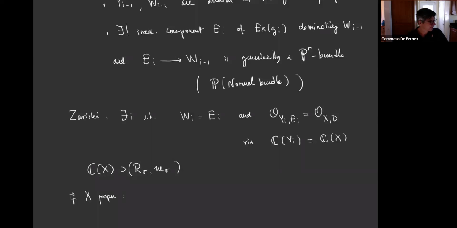Then what you can do is take a point P in X with the property that the local ring of X at P is contained inside the valuation ring, and P is the restriction of the maximal ideal of the valuation ring to this local ring.